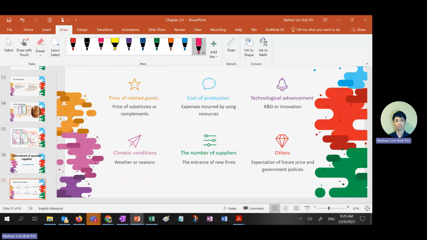Those are for demand, something you need to take note. For the common factors, it is harder to write. Common factors between demand and supply, because you need to think which one is the correct one. Should you write demand or supply? Make sense or not?